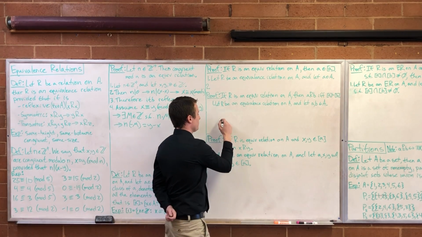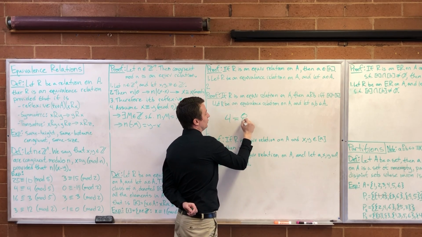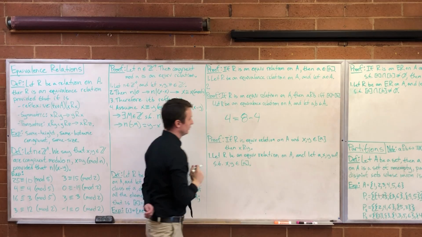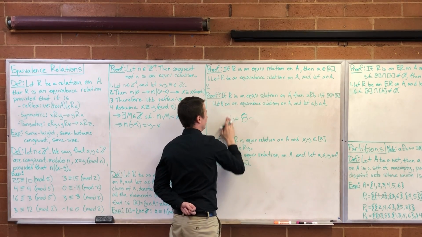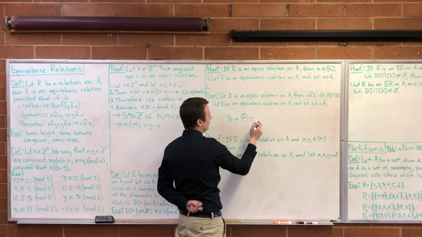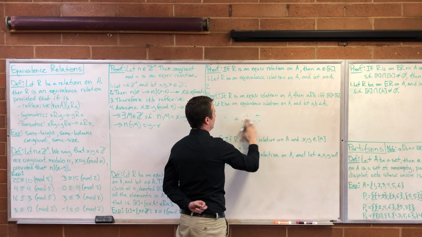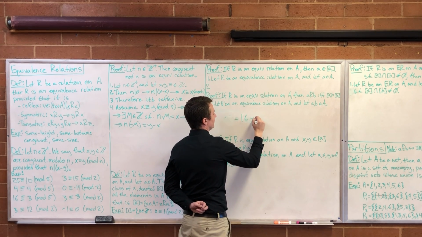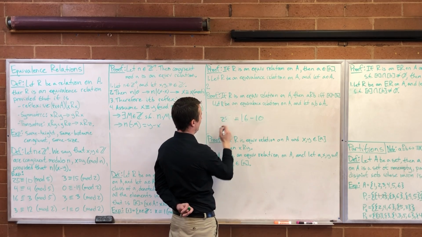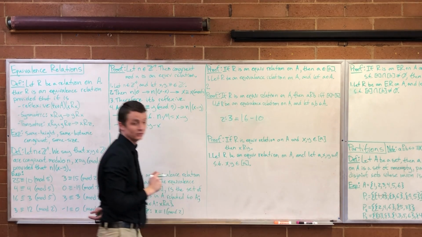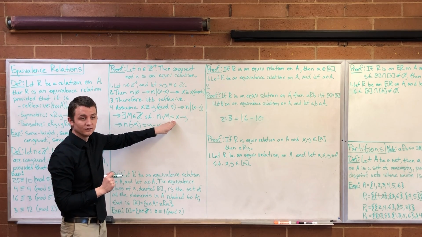Okay. Look, if I know something like we have written over here, let's get different numbers so we don't get confused. Let's actually make it a product. So we'll do 16 minus 10 is the same thing as 2 times 3. Okay? So that's kind of like what we have written right here.